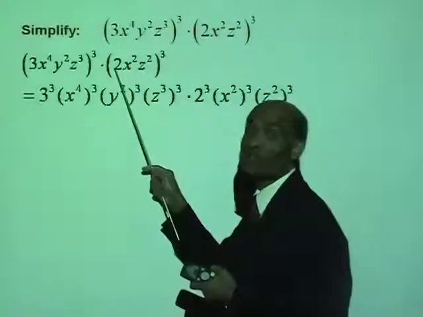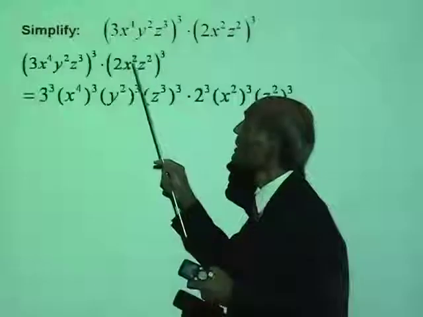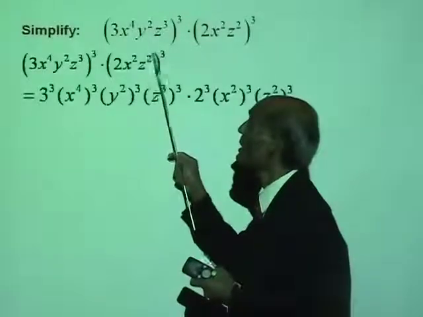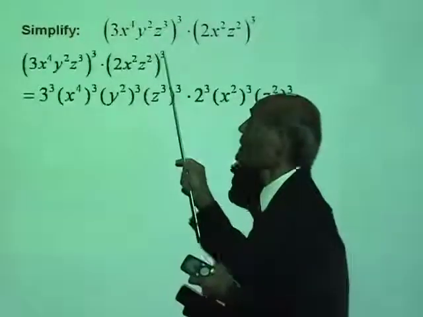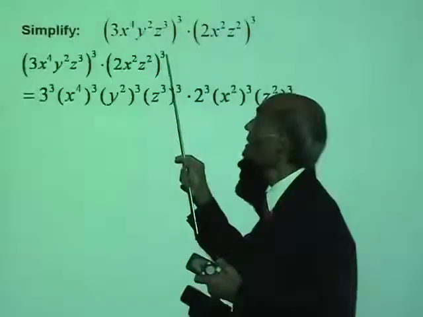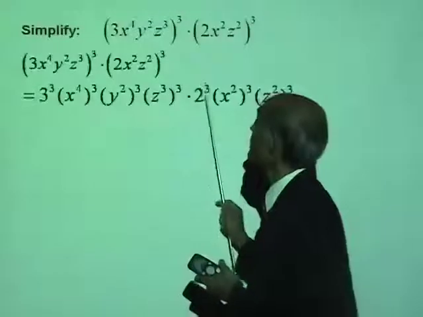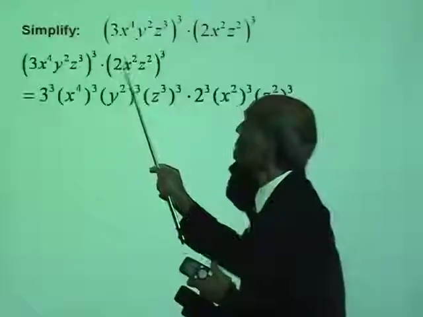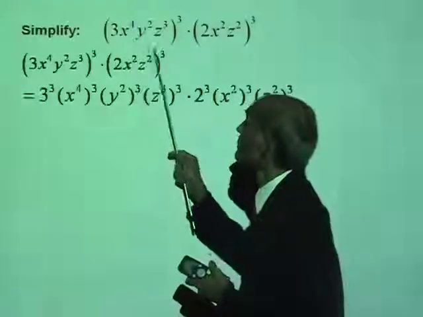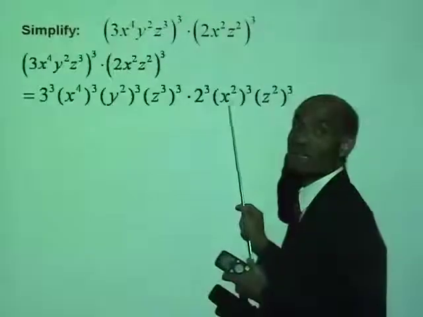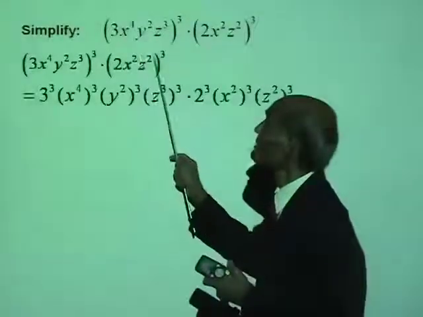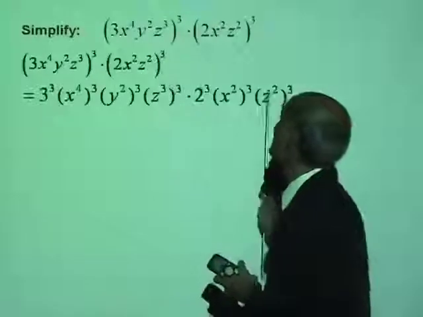And now let's go to the next one. 2x squared, z squared, all to the power of 3. Right? Now, raise to the power 2. 2 to the power of 3, that's this one. x to the power of 2 raised to the power of 3, that is this. z to the power of 2 raised to the power of 3.